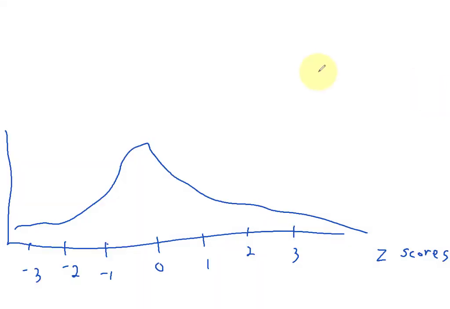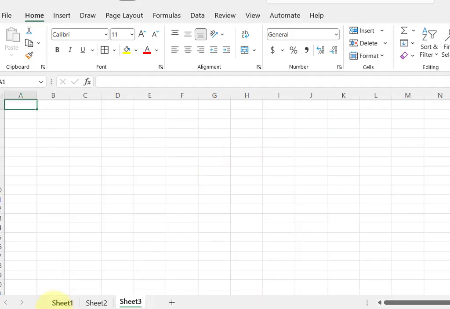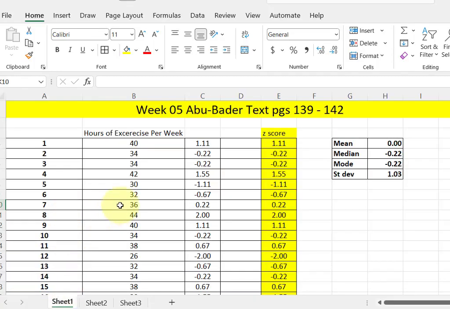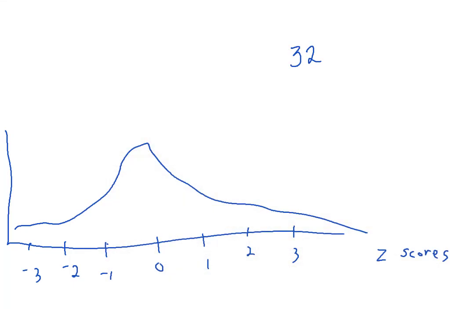So his first question is, if somebody had 32 hours of exercise, what would his percentile be? So you'd have to figure out his z-score, and I think it was... Here, let's just look at the data. Somebody had 32. There's a 32. His z-score was negative 0.67.